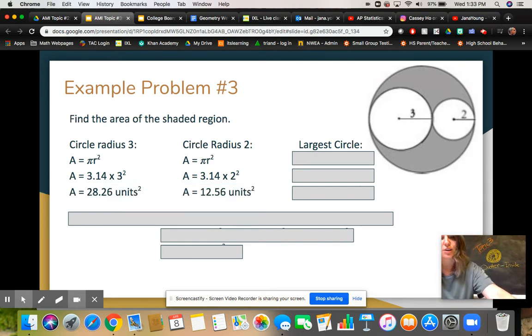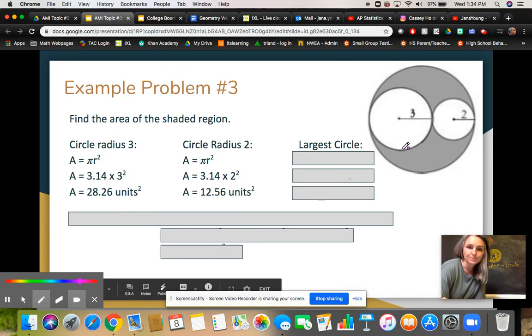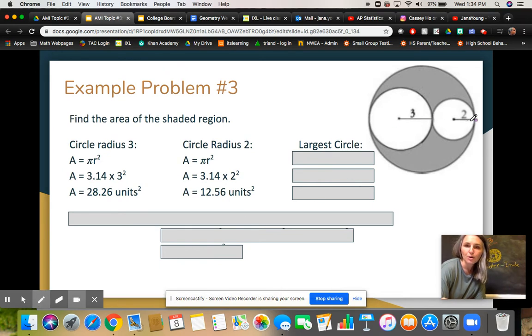Okay, so now I need the largest circle. And this one is admittedly a little more complicated. We've got to figure out what the radius of this circle is. Let's assume, because we couldn't figure it out otherwise, that this goes through the center of the circle.